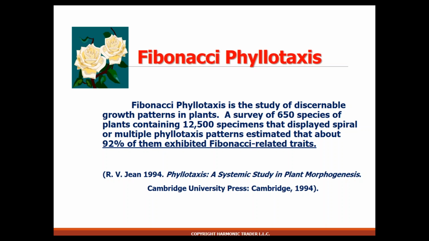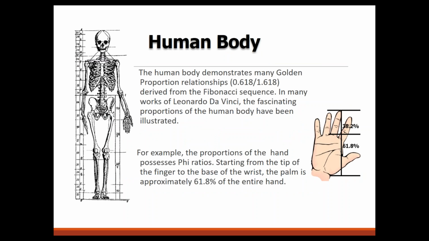A survey of 650 species of plants containing 12,500 specimens that displayed spiral or multiple phyllotaxis patterns estimated about 92% of them exhibited Fibonacci-related traits. So that could be roses, cactus, all of those types of plants.